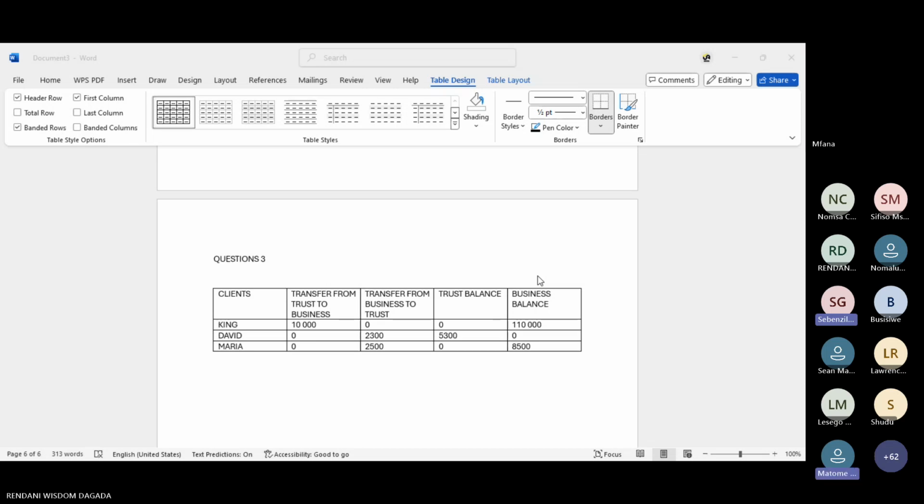And Black is a creditor, and a creditor is a liability to the business. Therefore, we will credit Black's ledger account with the 200,000. Okay.